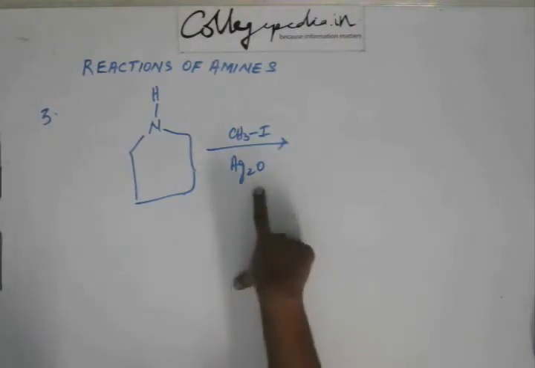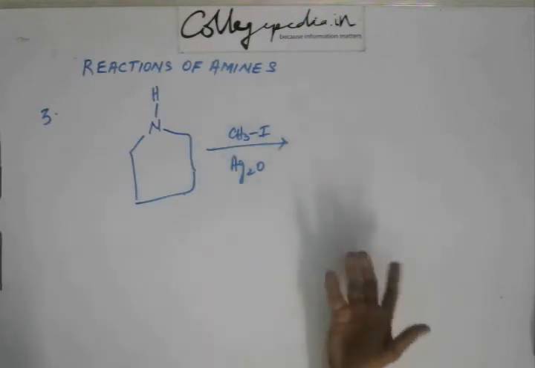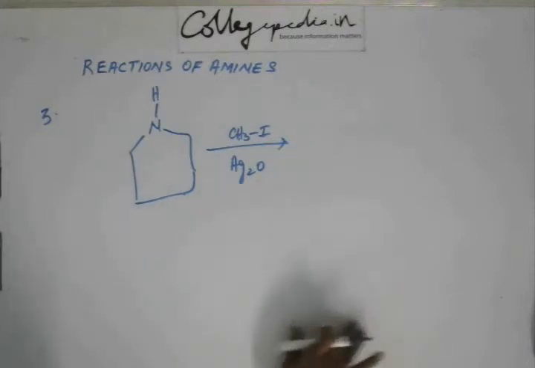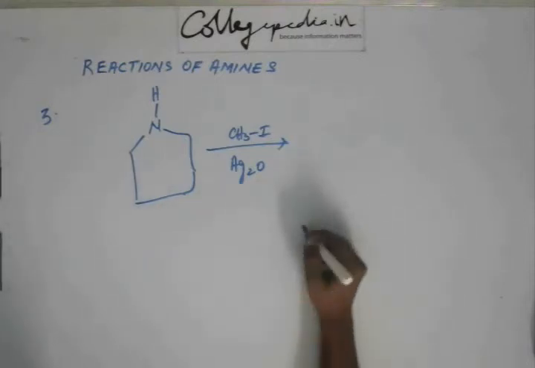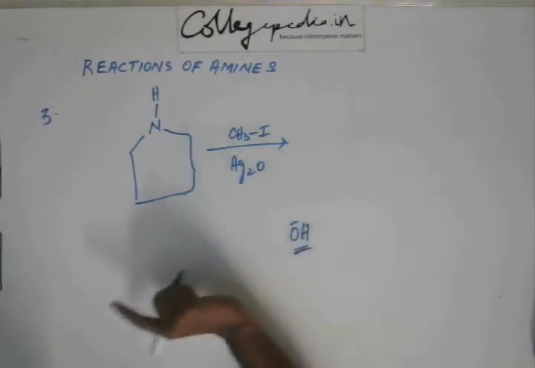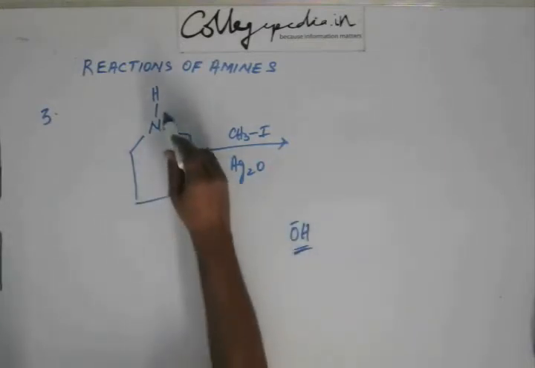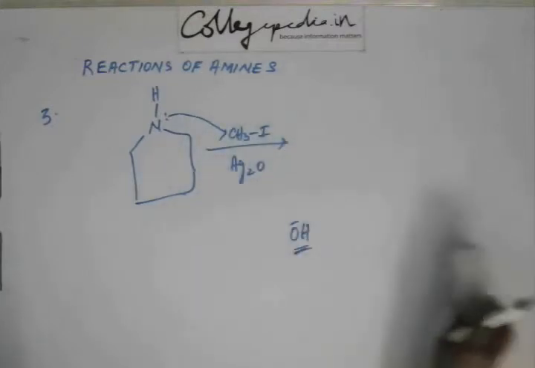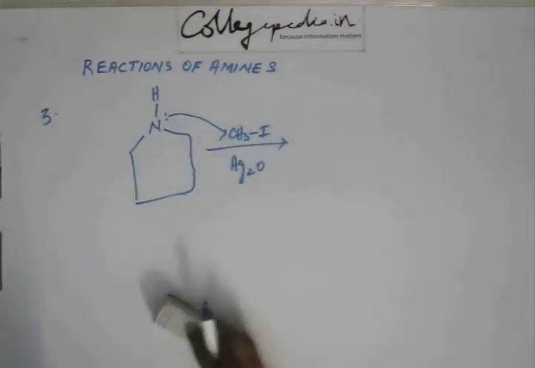Now, okay, the purpose of Ag2O would be to generate hydroxide ion. Like in the last example, after generating quaternary ammonium ion, I added a base from outside. What will happen here is, as the reaction goes, as this nitrogen attacks this methyl and this iodine comes out, then this Ag2O will break down.